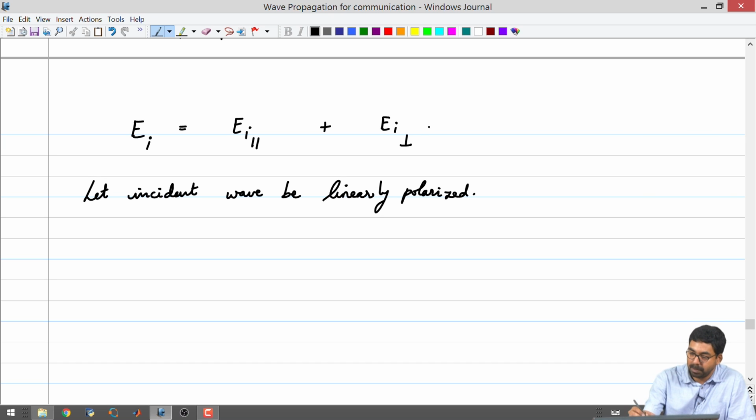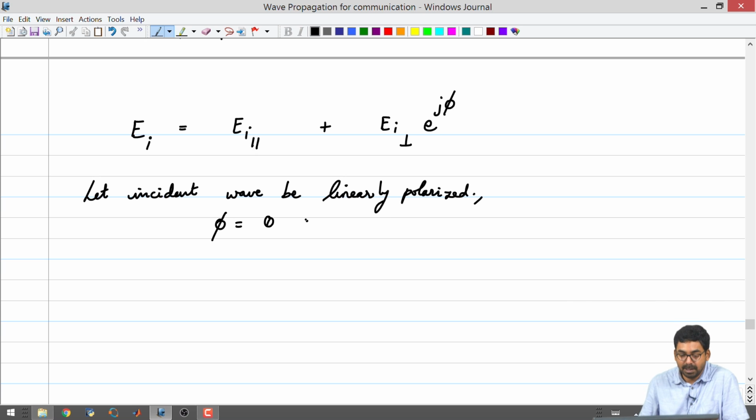Here also it is quite possible that you can have a phase difference between them generally. But if you are talking about linearly polarized light, then we are talking about this phi becoming equal to 0, then it becomes a specific case where EI is equal to EI parallel plus EI perpendicular and you do not have any phase difference between EI parallel and EI perpendicular. So, if it is linearly polarized, just make phi equal to 0.